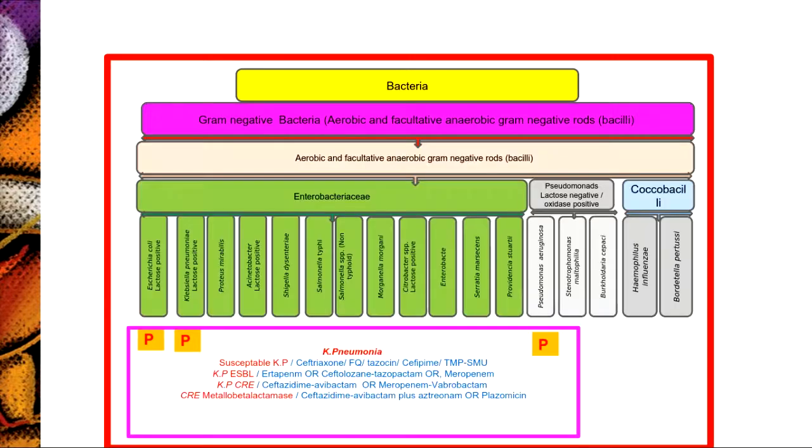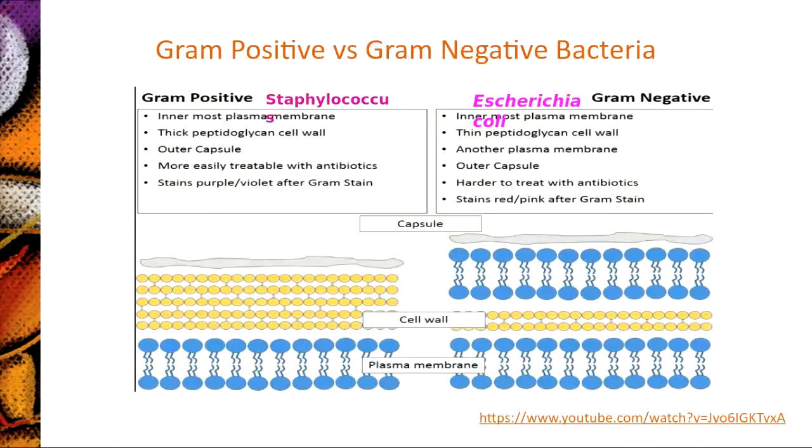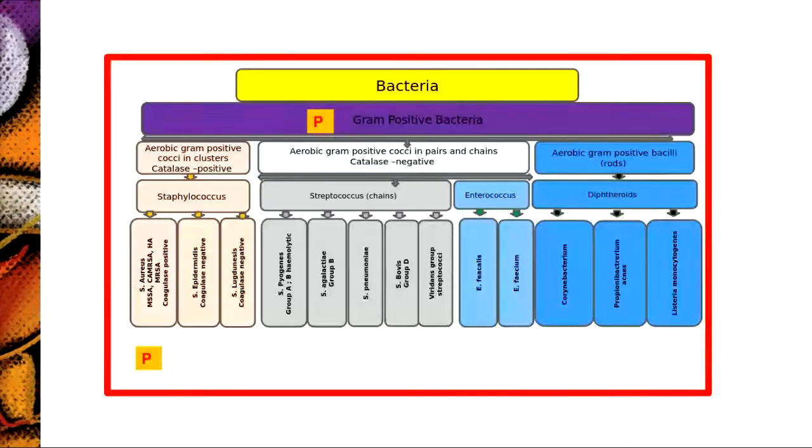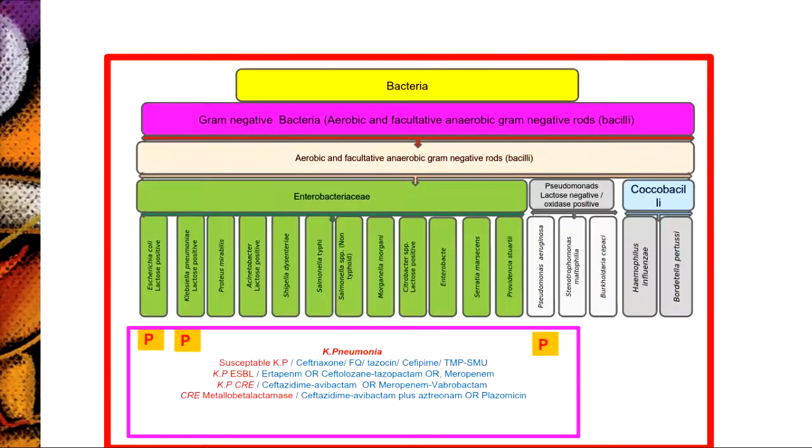When we are talking about gram-negative, the most important 3 bacteria, especially for hospital-acquired infection, are E. coli, Klebsiella, and Pseudomonas aeruginosa. Pseudomonas aeruginosa is resistant by nature. Only a few antibiotics are working on it. Klebsiella has different stages of resistance.